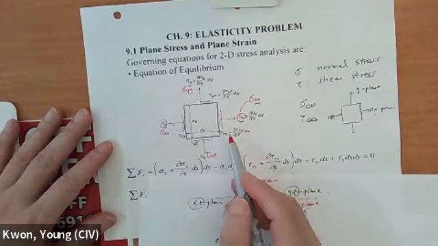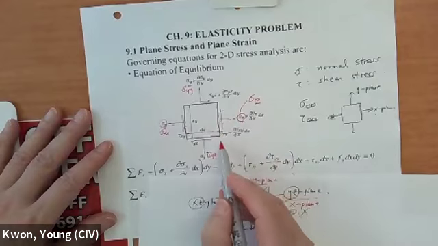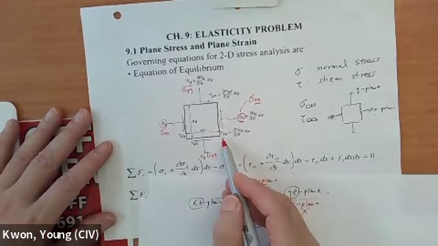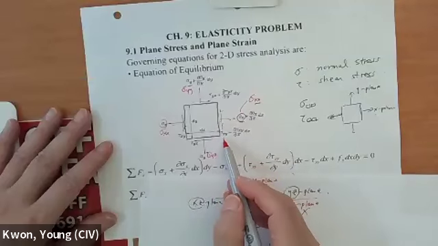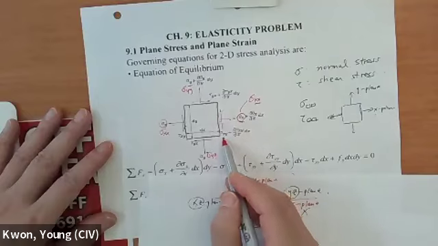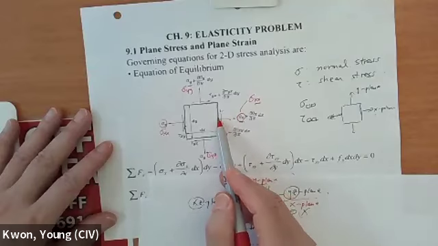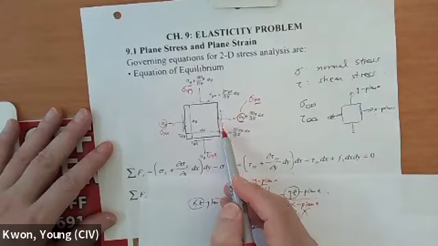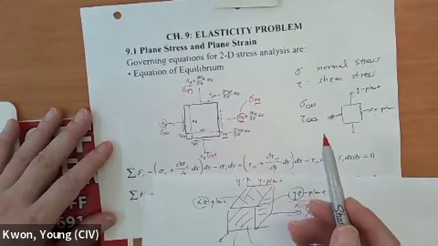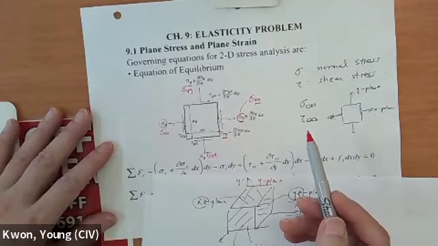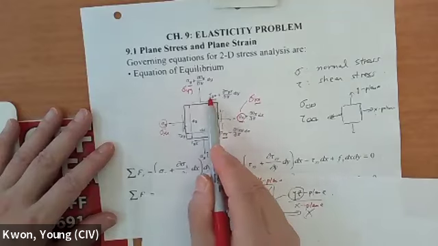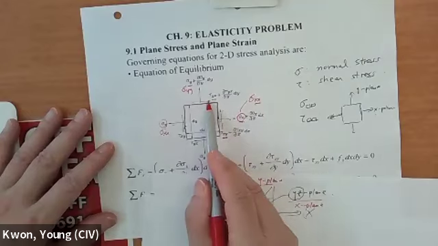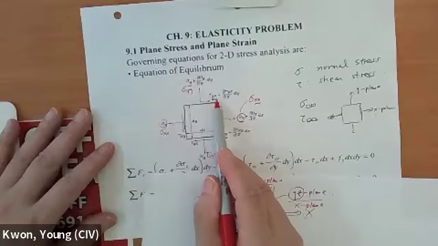Then, in this plane, I also have shear stress, stress tangential. This is applied to the X plane. The first subscript indicates the plane, and we use the notation tau for shear. The subscript is X, this is the X plane, and this is going to be the Y direction, so XY. So for the positive X plane, when this is in the positive Y direction, that is defined as positive shear stress. Okay, then this one is the Y plane, so tau sub Y, and the direction is positive X, so tau sub YX.